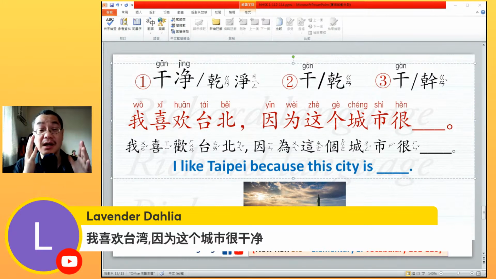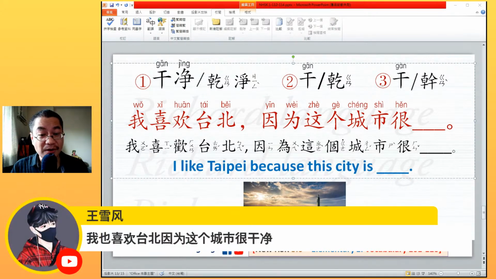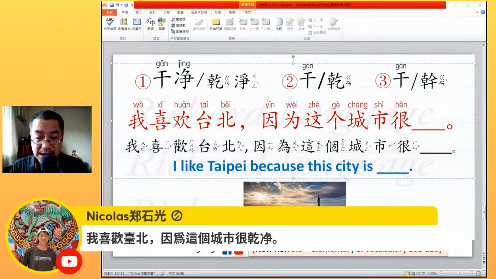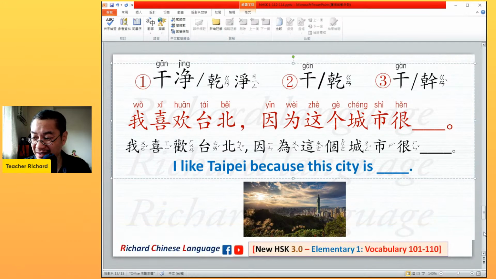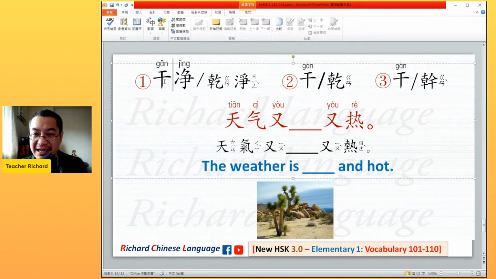Taipei is so clean, so tidy. 雪峰，我也喜欢台北，因为这个城市很干净。时光，我喜欢台北，因为这个城市很干净，neat, tidy, and clean. Thank you. Okay, the second quiz.